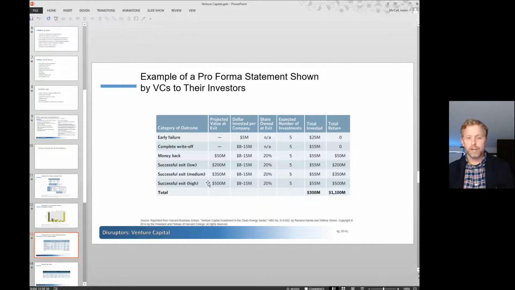Successful exits, medium and high, are really getting into IPO land, where you go out and say, you know what, this thing has done really well. We went into the market with angel funding. We raised $1 million and were able to grow to $1 million in annual recurring revenue out of that. Then we were on track to 10 million, so we took on another round of investment at a $100 million valuation.